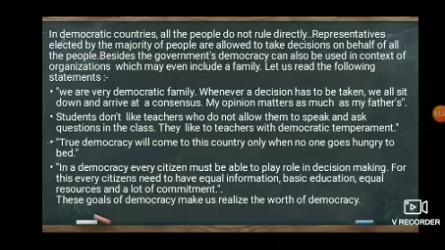Citizens should also have the right to ask the government through which process and procedure the government took decisions. For this, every citizen needs to have equal information, basic education, equal resources, and a lot of commitment. These goals of democracy make us realize the worth of democracy.